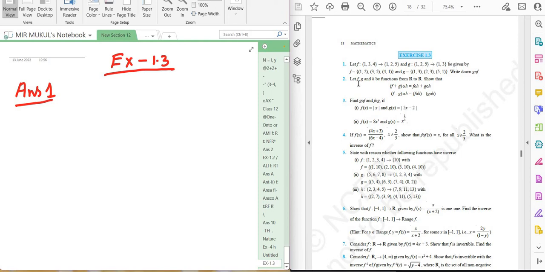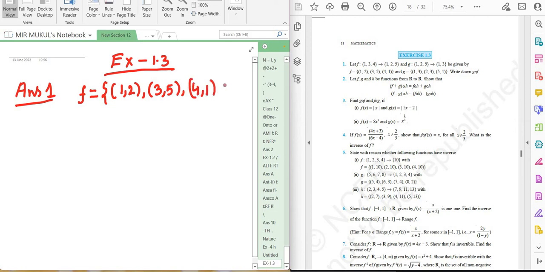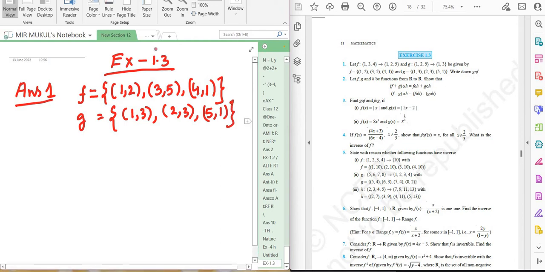Two functions are given by f equals {(1, 2), (3, 5), (4, 1)} and g equals {(1, 3), (2, 3), (5, 1)}. Write down gof. So we have to find gof.